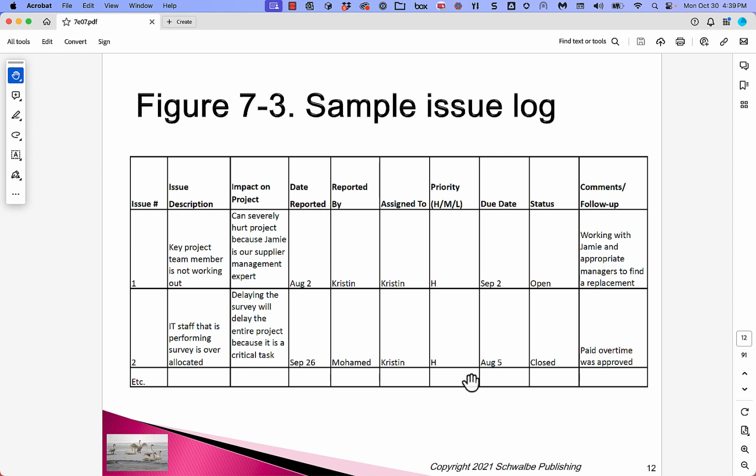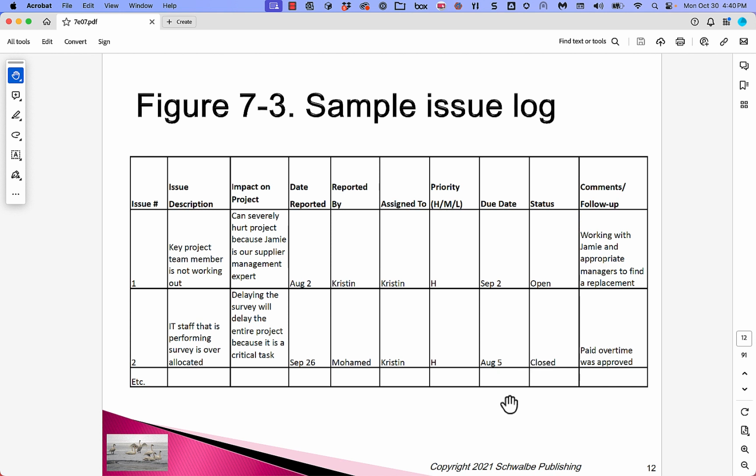Now, the good thing about having an issue log, really two things. One is it helps to visualize what could potentially go wrong. Two, as we resolve these things by closing them, it provides a history.